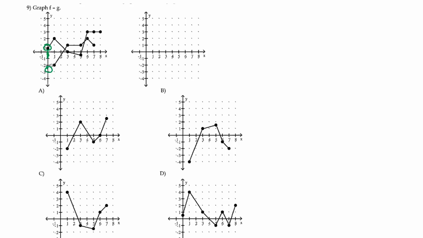So we cannot subtract at 0. So there will be no point at 0. So notice on this one, though, that we have a point at 0. Can't have that. Clearly, the next one at 0 has no point. So C is the correct answer.